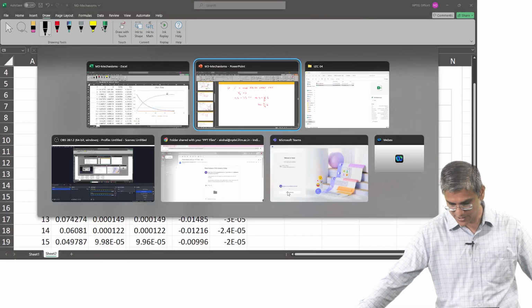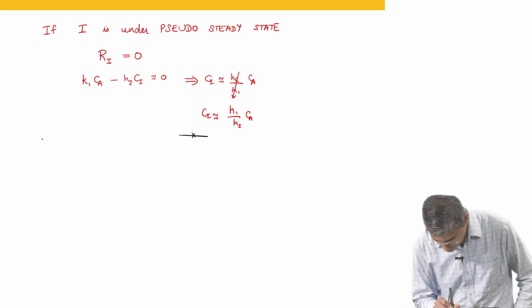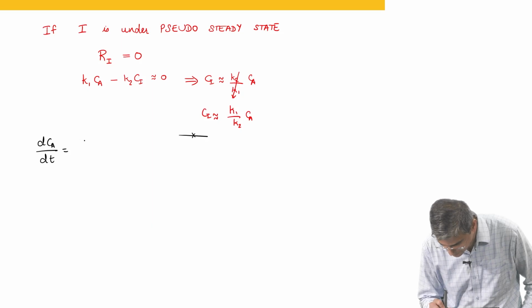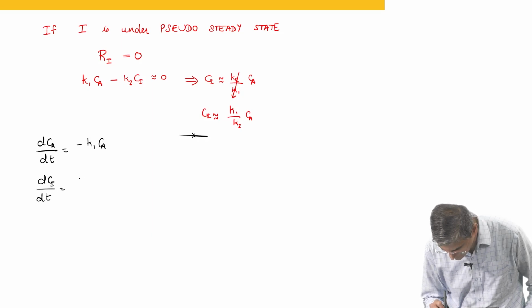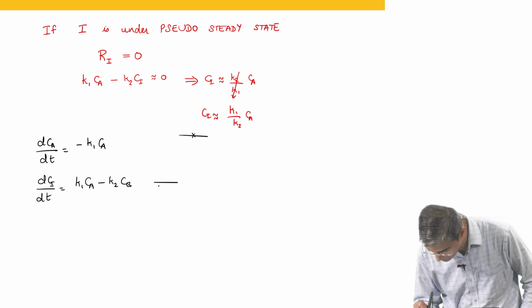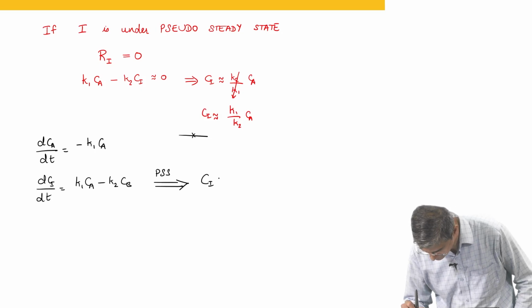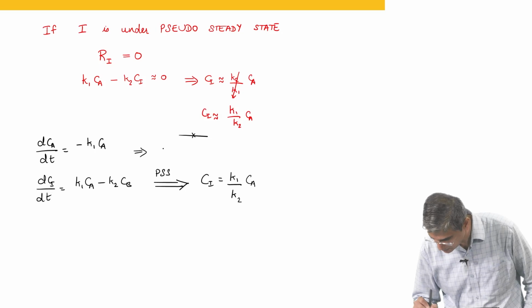Now, let us look at the difference between, so dCA by dt equal to minus K1CA. Using PSS approximation, and this one we had already obtained.